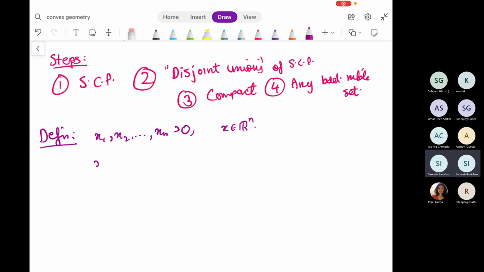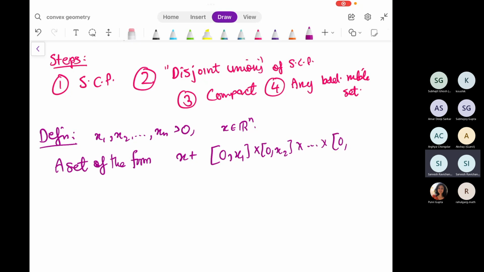Well, a set of the form x plus a box, 0, x1 cross 0, x2 cross up to 0, xn, will be called a standard closed parallelepiped.